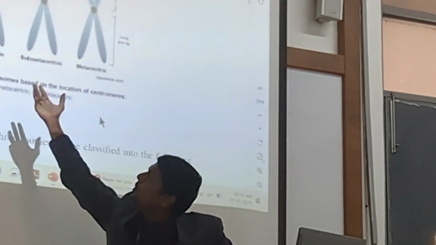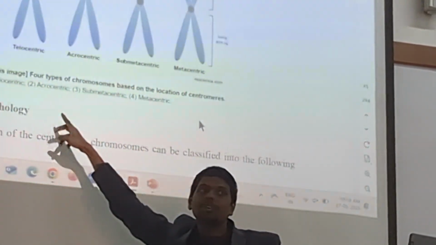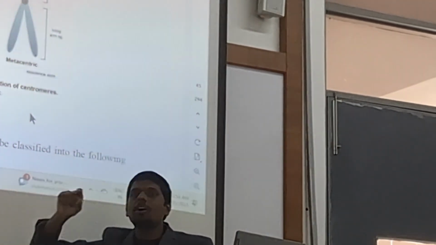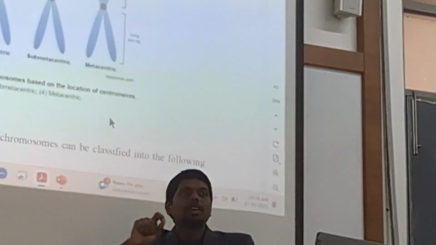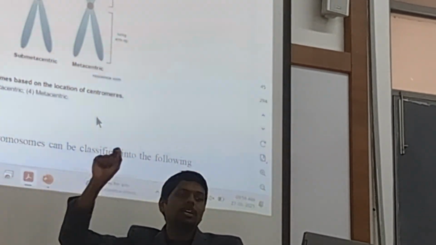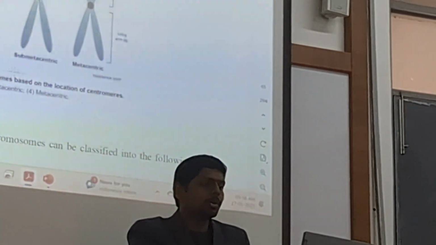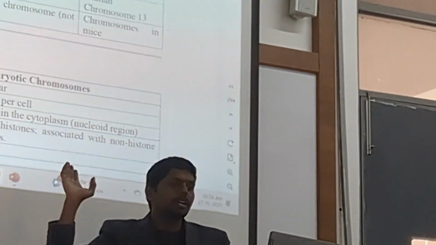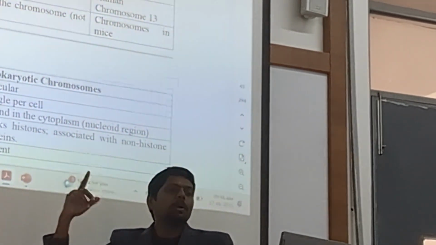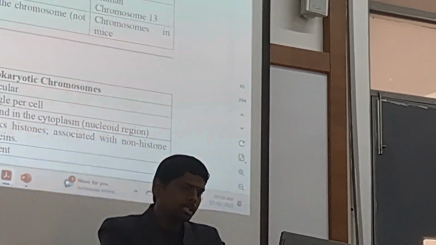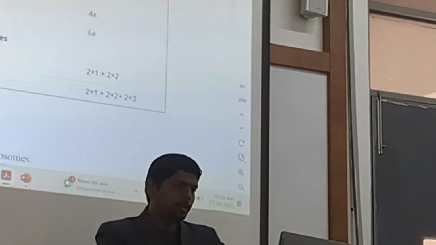For example, chromosome 9 might be one type, chromosome 12 might be submetacentric. So not all 46 chromosomes are the same. The location of the centromere is different. Just keep in mind. Here I gave some numbers: metacentric chromosome 1, submetacentric 4, acrocentric 13.